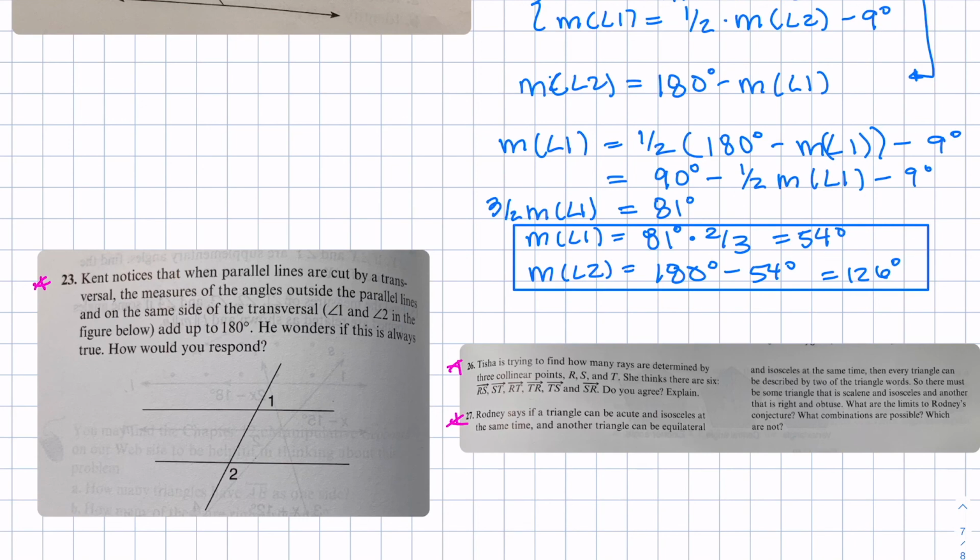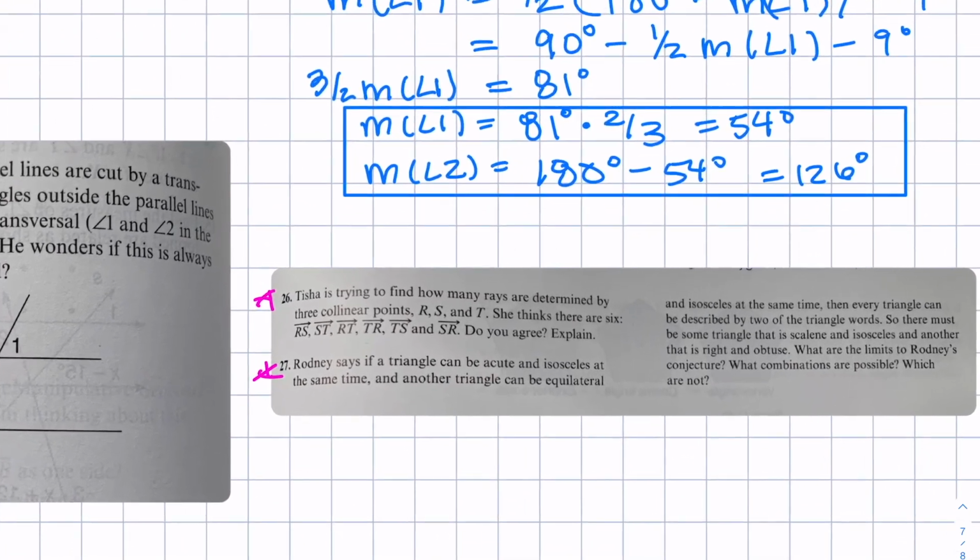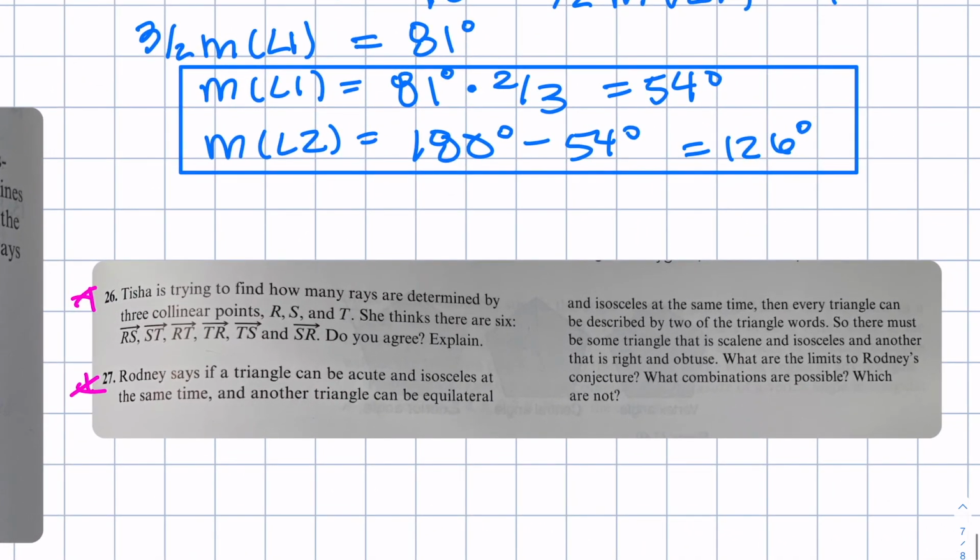So number 23 states that Kent notices that when parallel lines are cut by a transversal, the measures of the angles outside the parallel lines and on the same side of the transversal, so for instance 1 and 2, add up to 180 degrees. He wonders if this is always true. How would you respond? So basically, anytime you have parallel lines, are those angles 1 and 2 going to add to 180 degrees? Okay, that's one question. Also, numbers 26 and 27 would be good to look at.